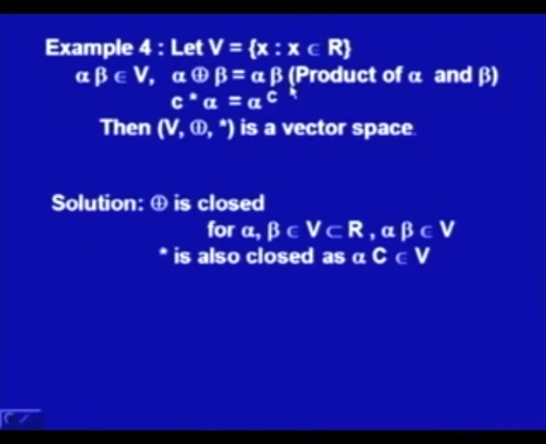So, star is also closed, as alpha raised to power C, a real number raised to a real number C, also belongs to V. So, plus is closed as well as star is closed.